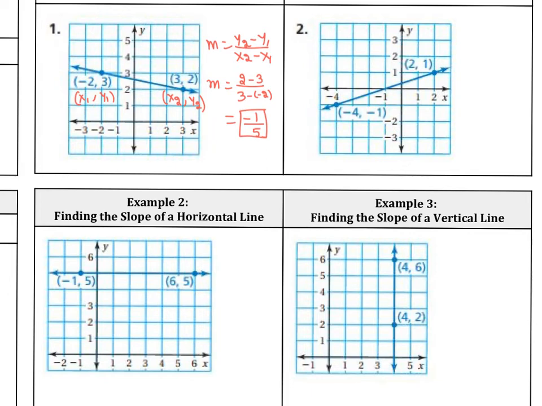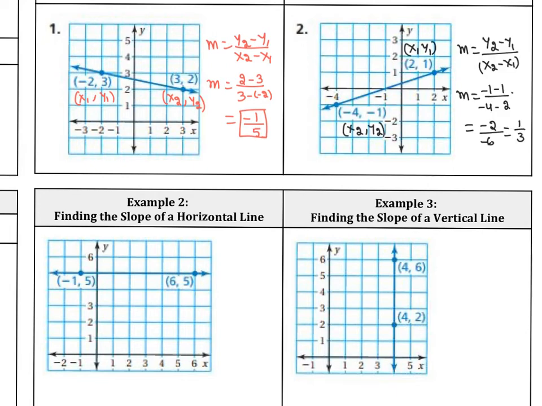So slope formula is y2 minus y1, so 2 minus 3, over x2 minus x1, which is 3 minus -2. So on the top you got negative 1, on the bottom is 3 plus 2, that is 5. So negative slope for the line that falls from left to right.